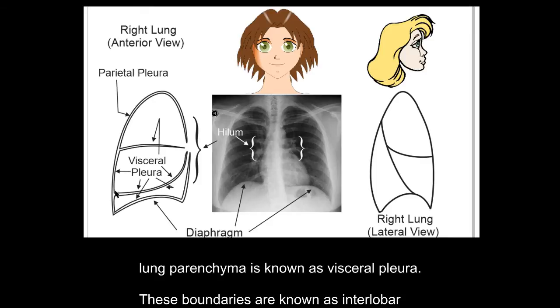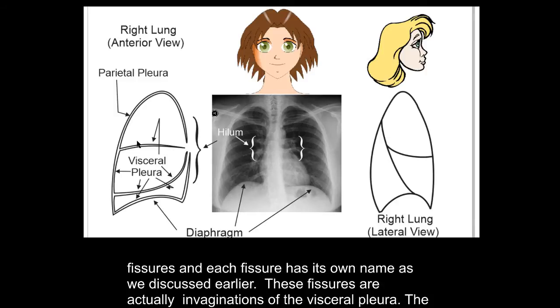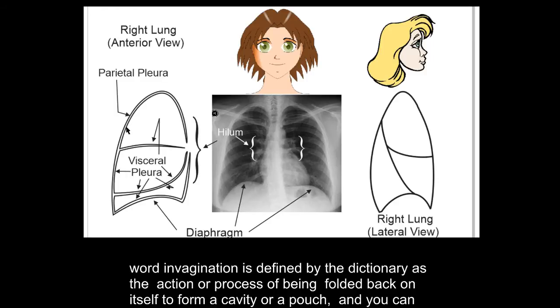These boundaries are also known as interlobar fissures, and each fissure has its own name, as we discussed earlier. These fissures are actually invaginations of the visceral pleura. The word invagination is defined by the dictionary as the action or process of being folded back, to create a pouch or a cavity.